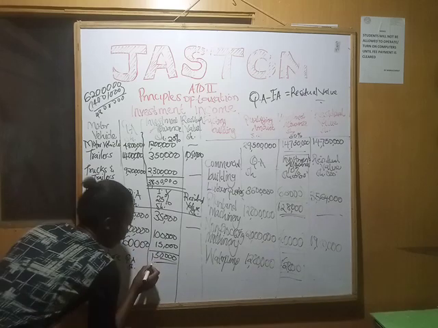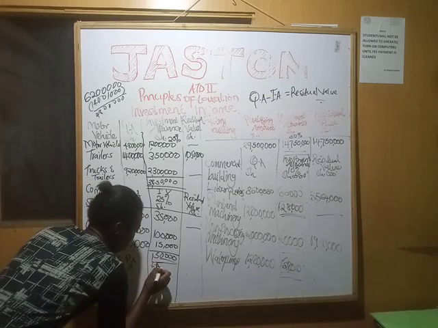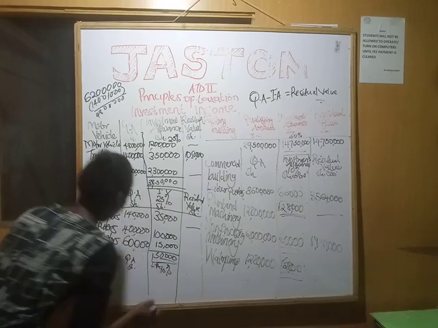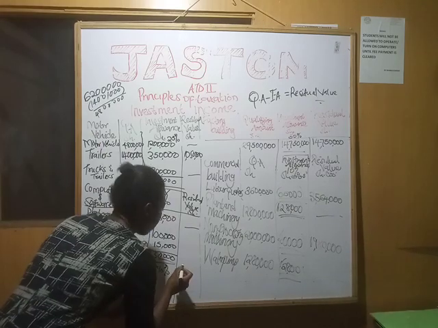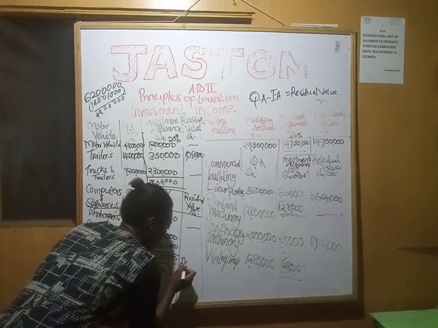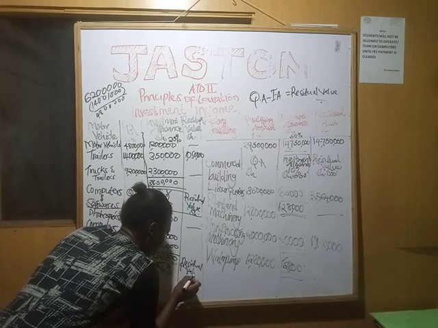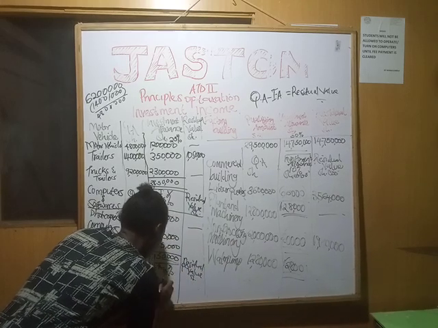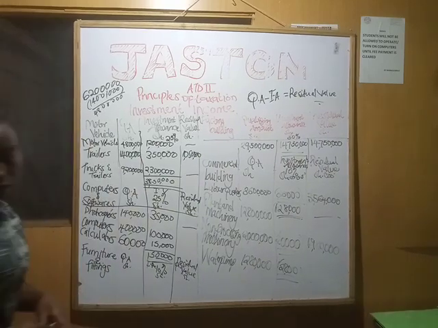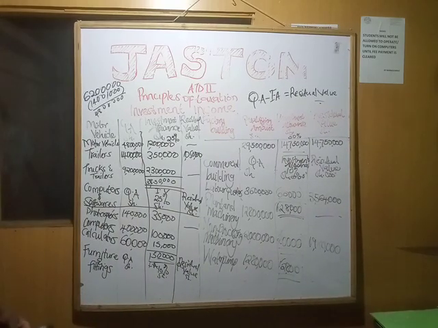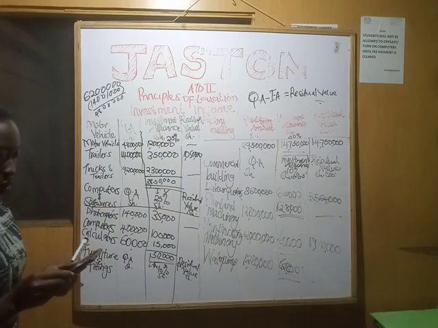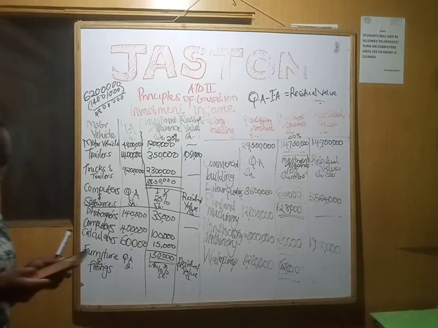We also have the investment allowance of 10% on furniture and fittings. We also have the residual value in shillings. Let's check the qualifying amount of the furniture and fittings.